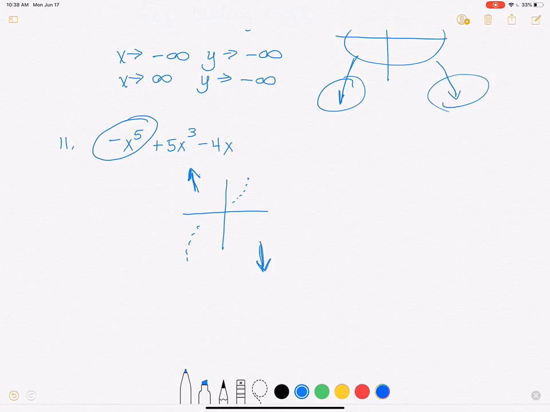And like I said, we don't care what's going on in between. We're going to talk about that in just a minute. All I need to know for the end behavior is that as x goes to negative infinity, x gets smaller and smaller, and y is getting bigger and bigger. As x gets bigger and bigger, y is getting smaller and smaller.